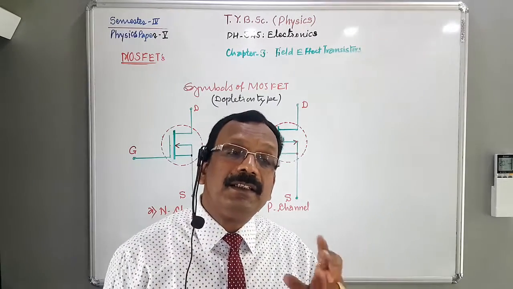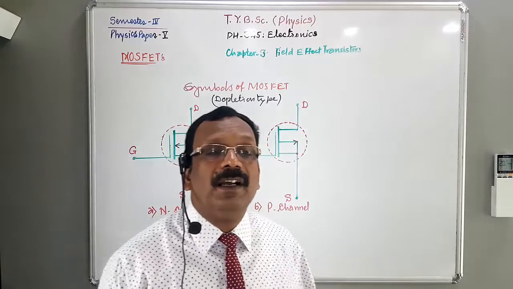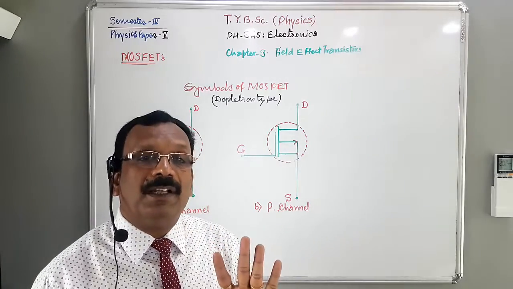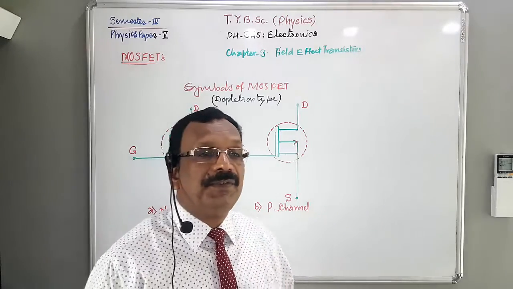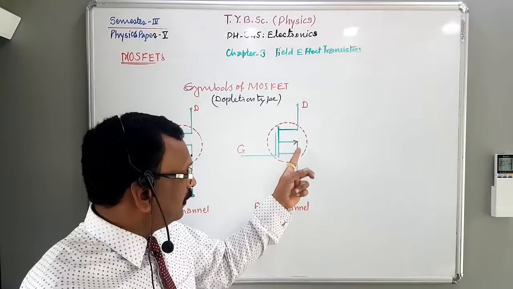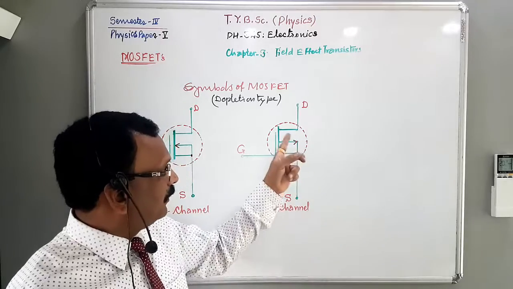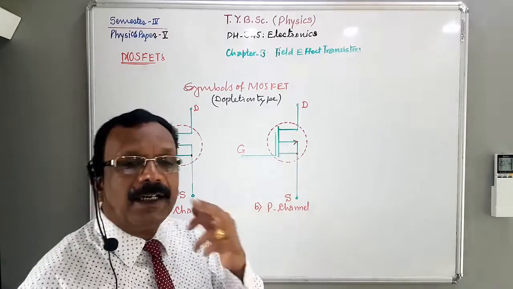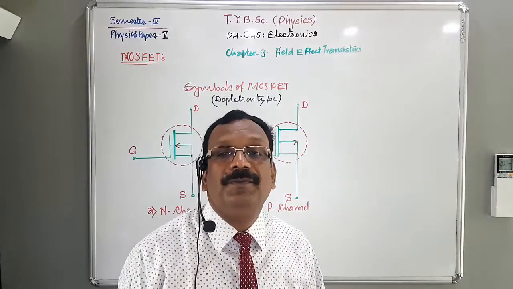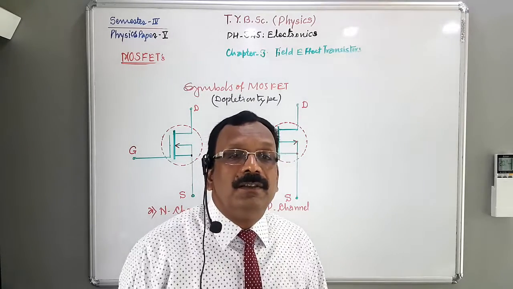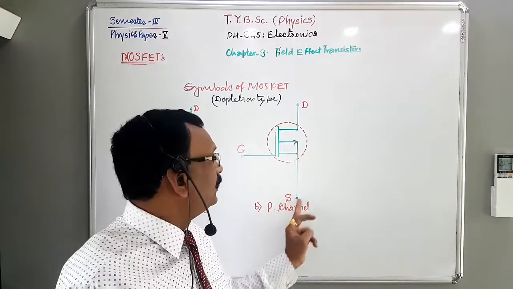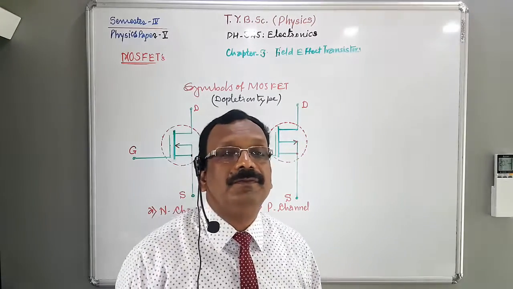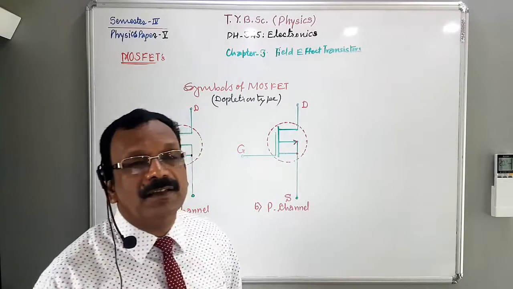The P channel MOSFET also has 4 terminals, but in most MOSFETs the substrate is internally connected like this, and when the substrate is internally connected like this, obviously such MOSFETs have 3 terminals: gate, source and drain, as shown in this figure.